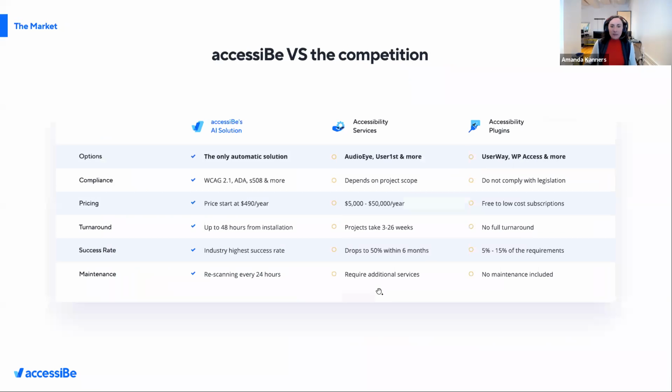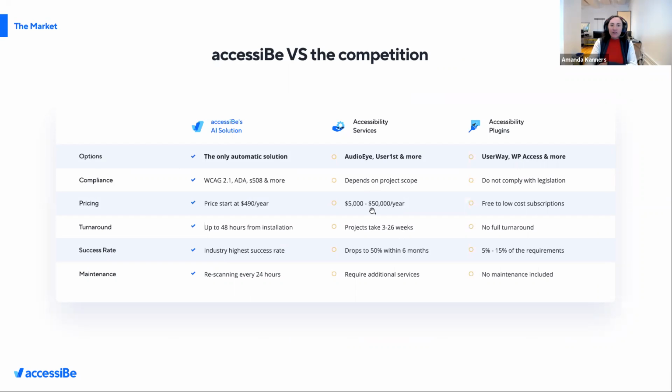Something that has made this more difficult for businesses right now are the other alternatives available on the market. There are accessibility services, which would fall under the manual category. These can achieve compliance depending on the scope of the project. However, they're quite expensive.